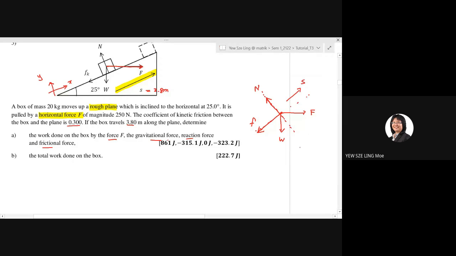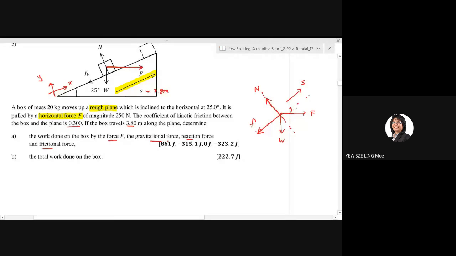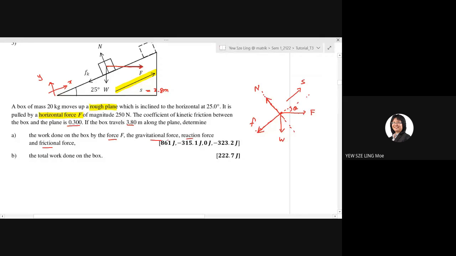Before we start, it would be easier if we determine the angle first. Which angle is the most important? The angle between S and the horizontal force, the displacement and the horizontal force. Why? Because N and S is just 90 degrees, and the frictional force and S is 180 degrees. In order to determine the work done, you need the angle between force and displacement, so this angle is the most important in the whole question. So how do we determine the angle?